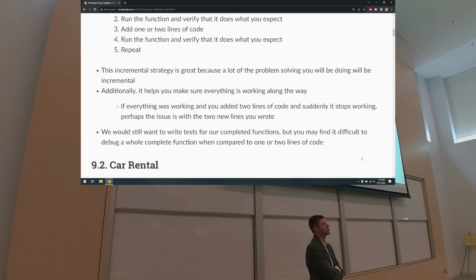So we want those tests there because they make us aware: if I change that code and hit run and suddenly the tests fail, well, why? Should they not have failed? Maybe they should fail now because the function does something a little different than it originally did. Fine, but now go update those tests. It slows you down, but it helps make sure everything is working along the way, nice and good.